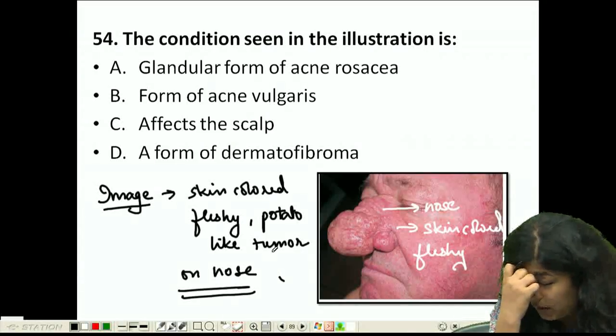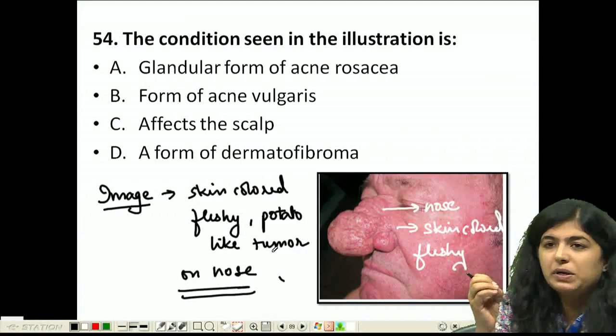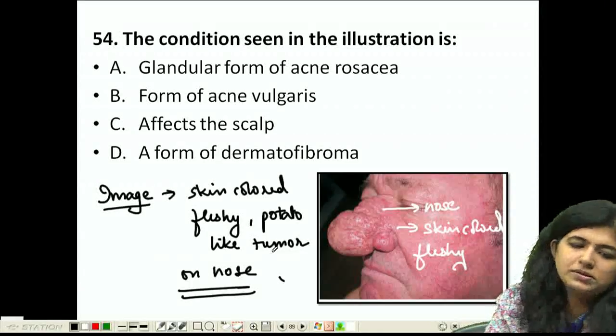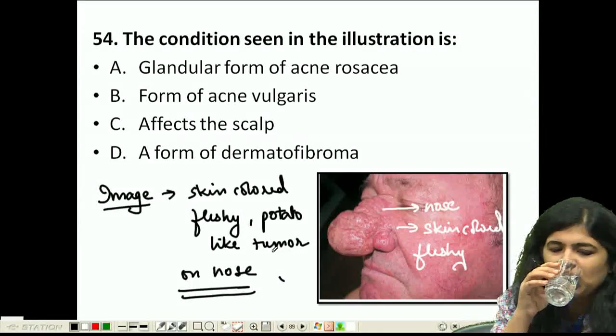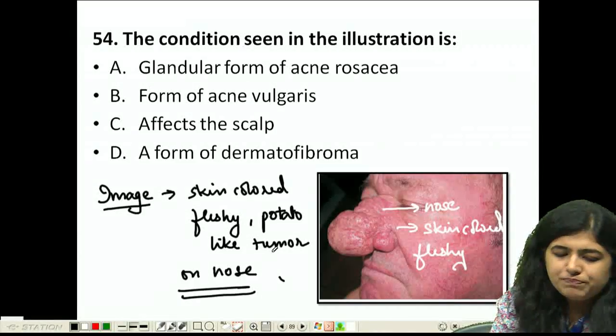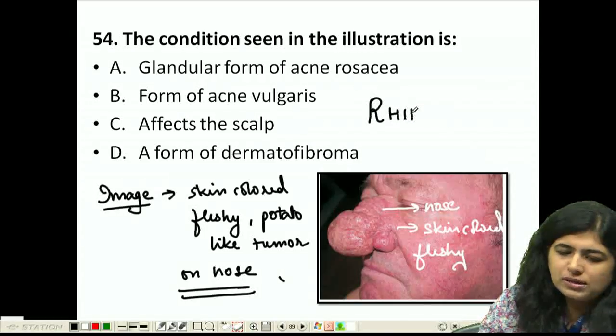Very, very typical image, and a very important question asked very commonly. Tell me what the diagnosis is. Diagnosis is Rhinophyma. I know most of you know it.